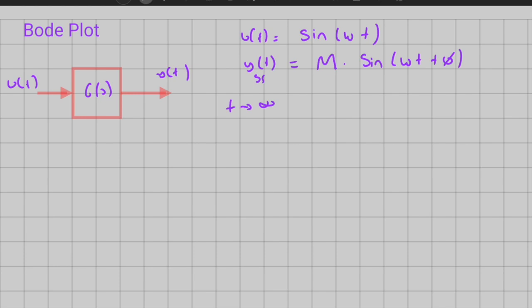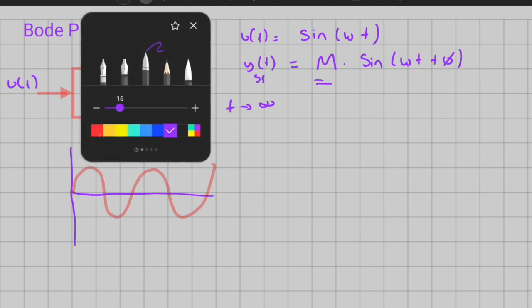So we observe the same frequency at the output. It's a sinusoidal signal, but the main difference is there's a magnitude amplification, or it can technically be a magnitude decrease, and there's a phase shift. It can be a lag or lead at the output. If we draw it, this is our original sine wave, and our output could look like this.